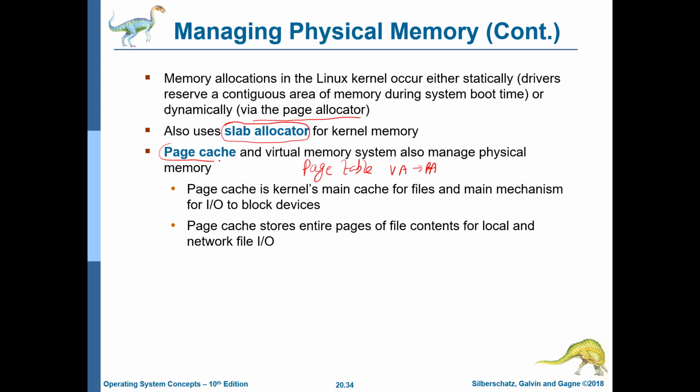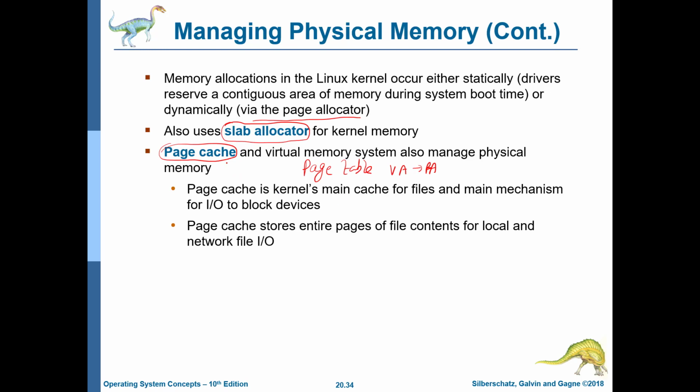And the page cache is the kernel's main cache for files and IO. So if you look at a traditional IO system and we want to read a file, then before going to the disk, we see if, for that disk address, we have something in our cache. If we have the same data in our cache, then we can access it from main memory, which is much faster.